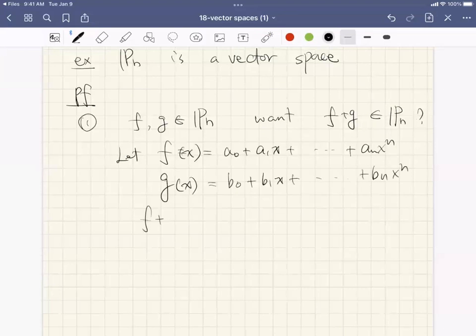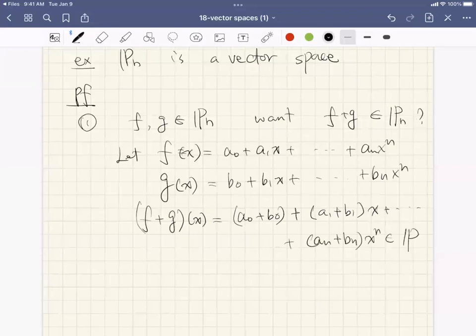And of course, (f plus g)(x) has the form of this, where the coefficient for the first order is a1 plus b1, and all the way down to an plus bn times x to the nth power. So that is again in Pn.